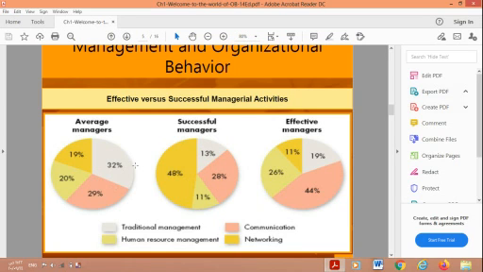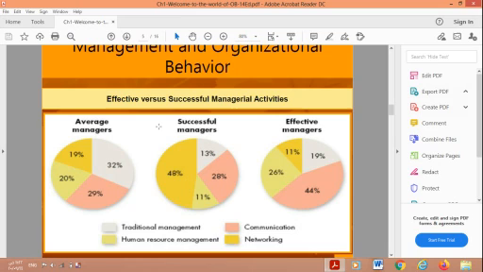Okay, so this study focuses on these four managerial activities. As you see, the average manager spends most of his time on traditional management, 32% of his time, and the least time is spent on networking. This is the average manager.